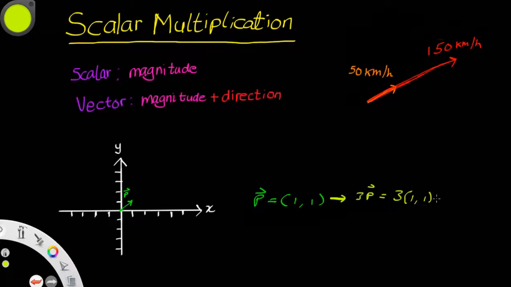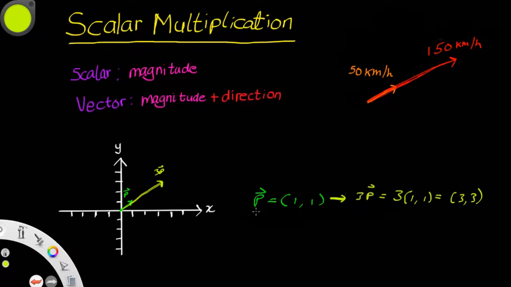So then we're going to get 3 and 3. That's not hard to intuit because all we do is take this p and multiply its magnitude 3 times. So we get a vector that looks like so. That's about 3 times, and so that's 3p.